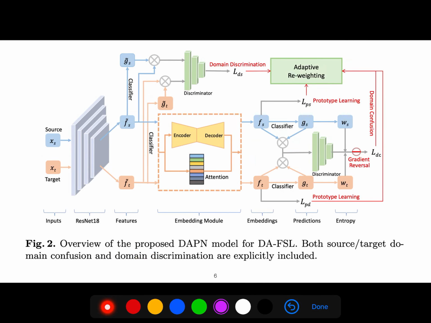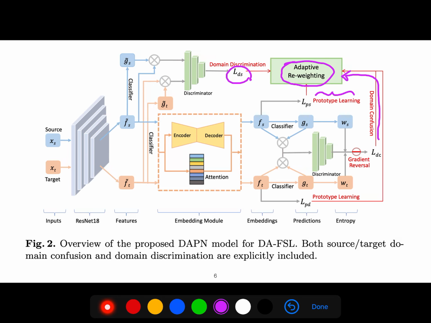So this is an overview: we have source and target, we have discriminative, we have adaptive reweighting. Then we do the classical prototype learning. And then we have domain confusion coming here to the adaptive reweighting. But we have domain discrimination loss.